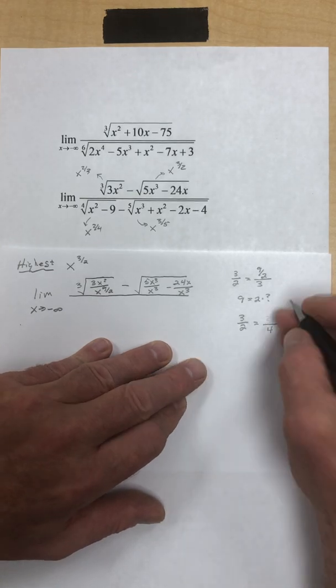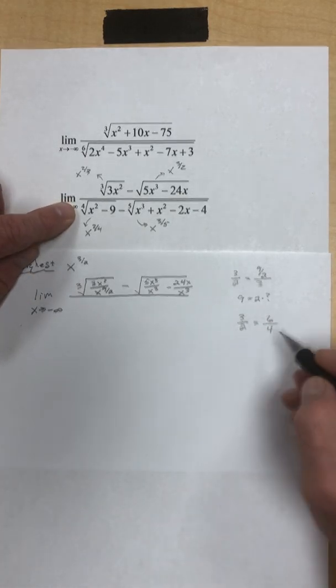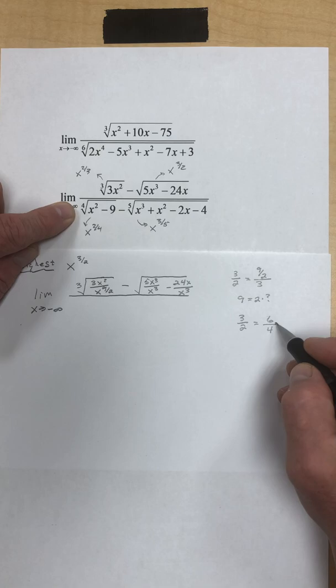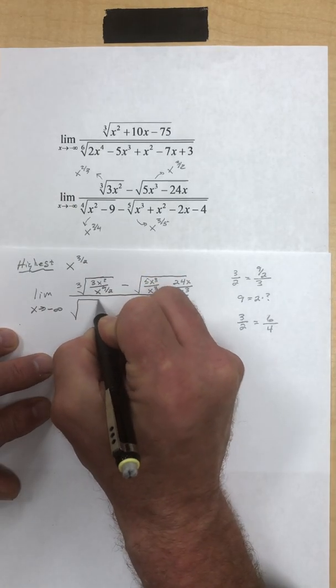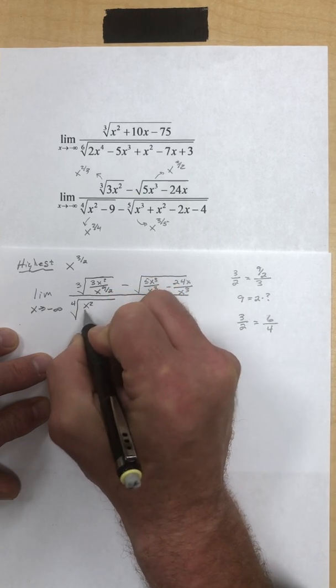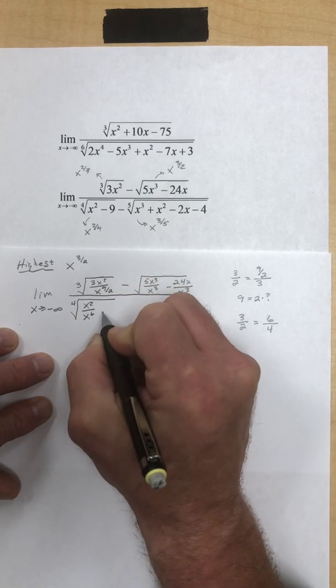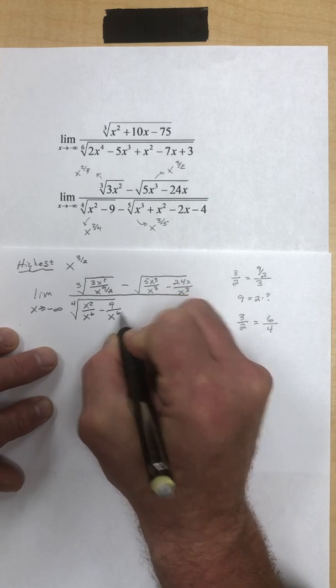So times 2 gives me 6/4. So underneath, I'm going to have to divide by x to the 6th. So we've got the 4th root, that would be x squared divided by x to the 6th minus 9 divided by x to the 6th.